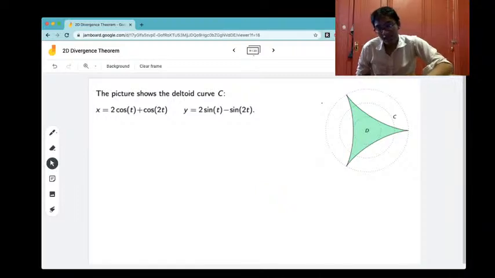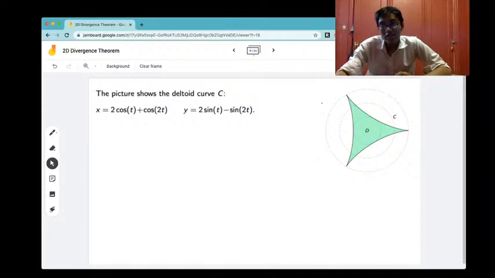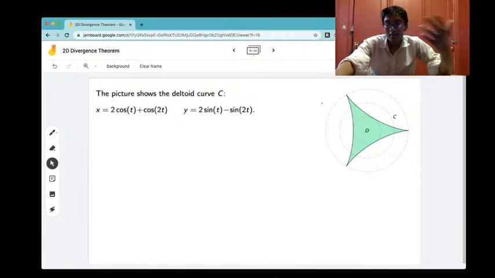But how do we find the area of that region D? How do we find this area right here, this area of interest? Well, to find this area, what I'm going to do is use a really neat trick, right? And that trick is to assume we have some kind of helpful vector field.